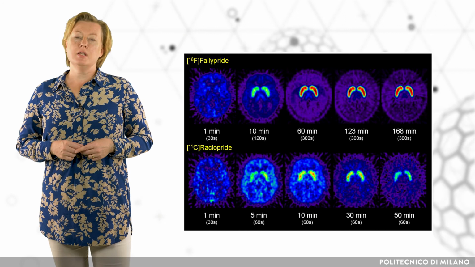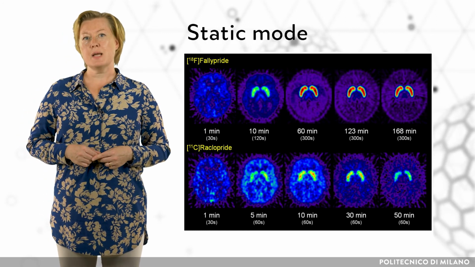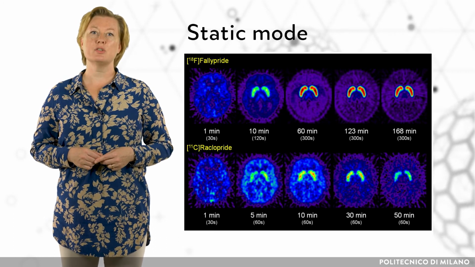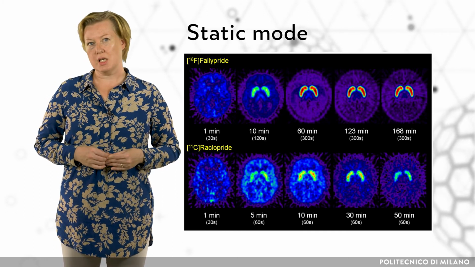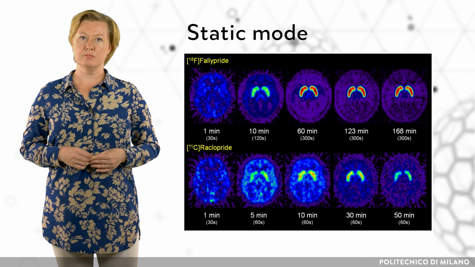Depending on the goals of the imaging experiment, the acquisition mode of SPECT and PET imaging can be changed. The images are acquired in static mode when a snapshot view of the biodistribution of the radioisotopes in the subject is recorded. Images can be acquired at different time points after injection.